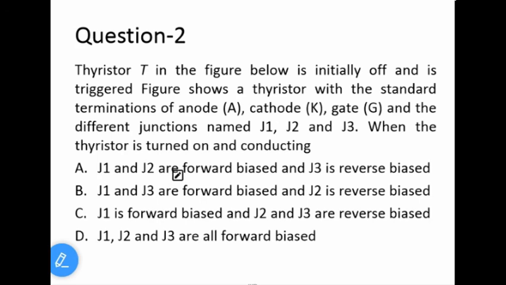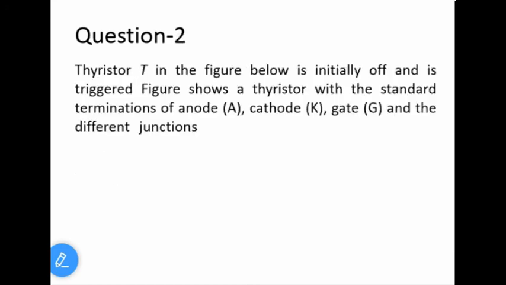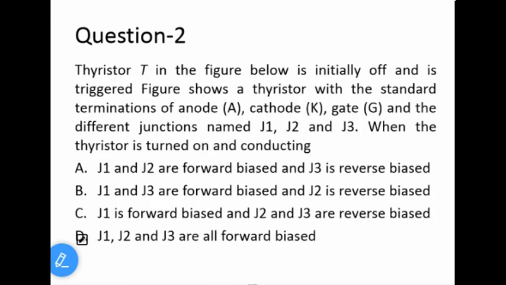The other answers, J1 and J2 forward with J3 reverse, and J3 reversed with J2, are all wrong. When the SCR is in conduction, all are forward biased. Therefore the answer here is D, which appeared in one of the previous GATE exams.